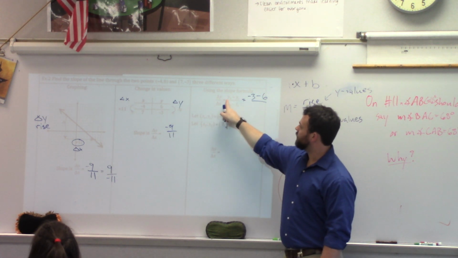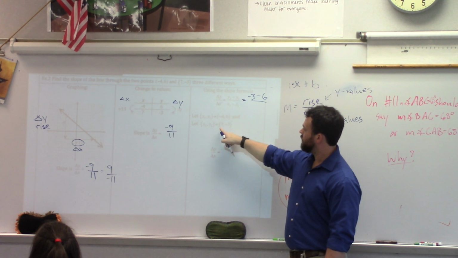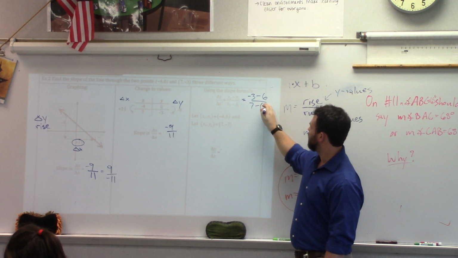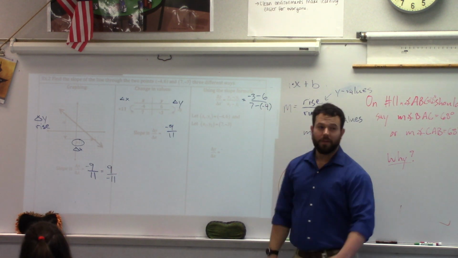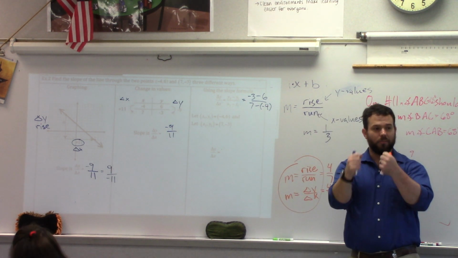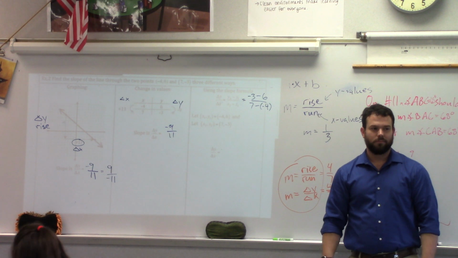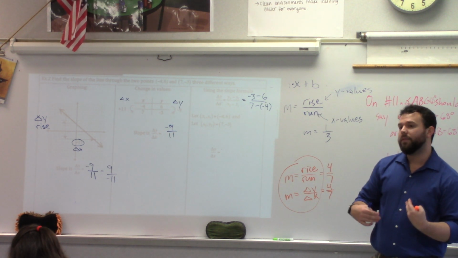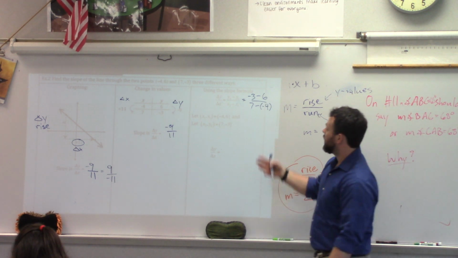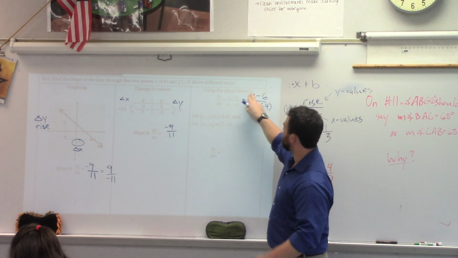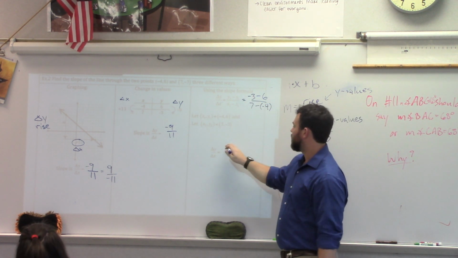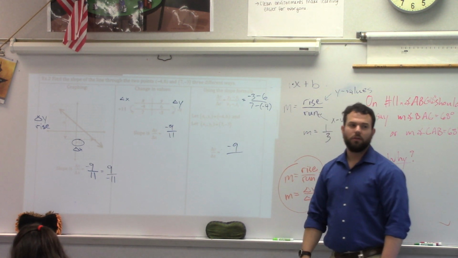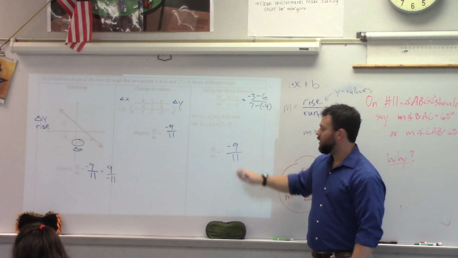And then x2? 7. Minus x1? Negative 4. But even right already, are you starting to mix up which one is which? Yes. This is why I don't love this version of the slope formula. It works. What is negative 3 minus 6? Negative 9. What is 7 minus a negative 4? 11. I don't like that.